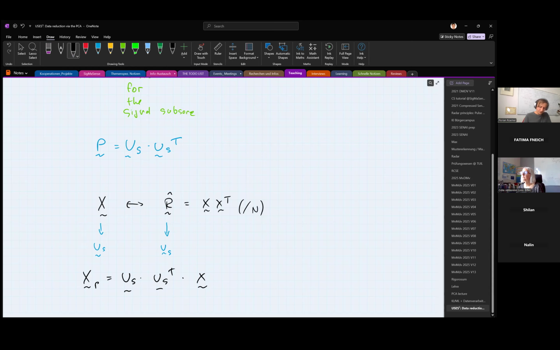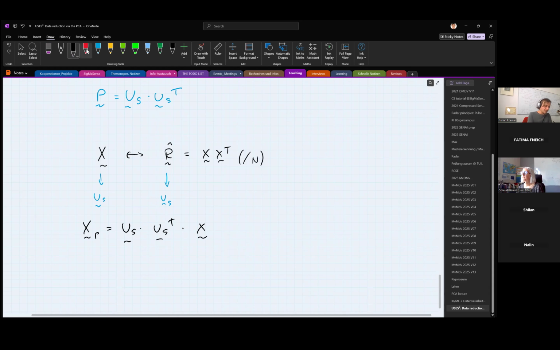Why is this helpful and why is this a compression? We see that immediately when we look at this matrix.